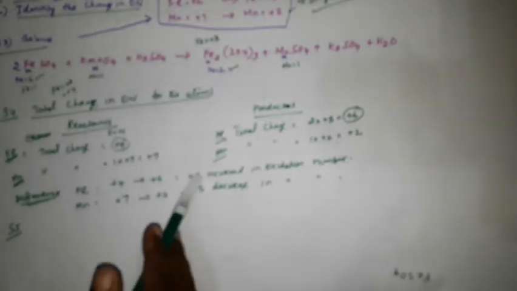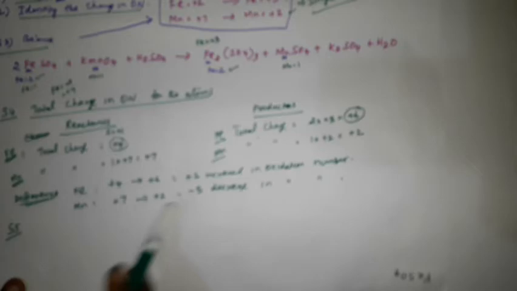So now step 5. In step 5, we are going to make the total increase in oxidation number equal to the decrease in oxidation number. So here the increase in oxidation number is plus 2 and the decrease in oxidation number is minus 5.